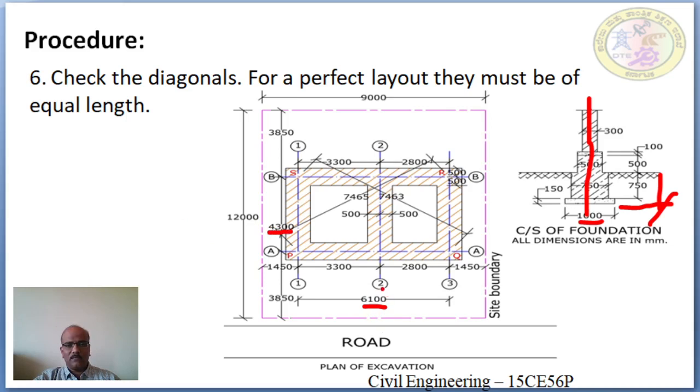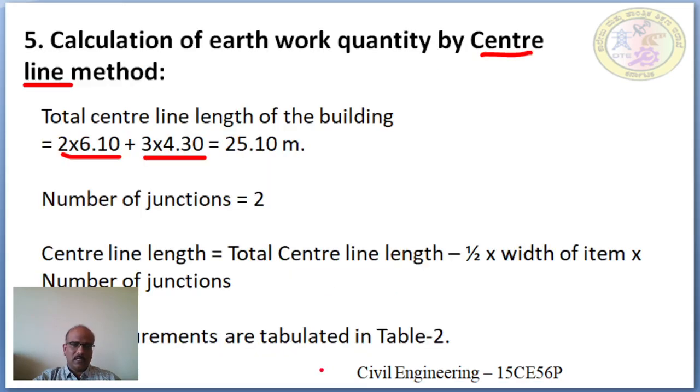So the total centerline length will be 2 into 6.1 meter plus 3 into 4.3 meter. It will be 25.1 meter.